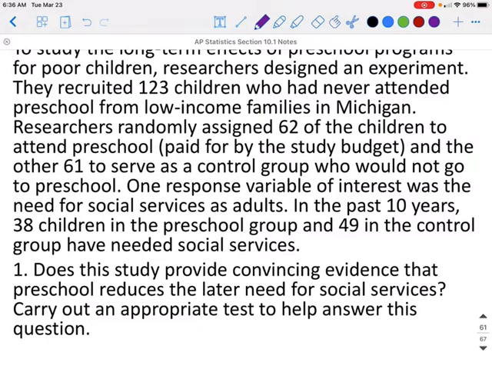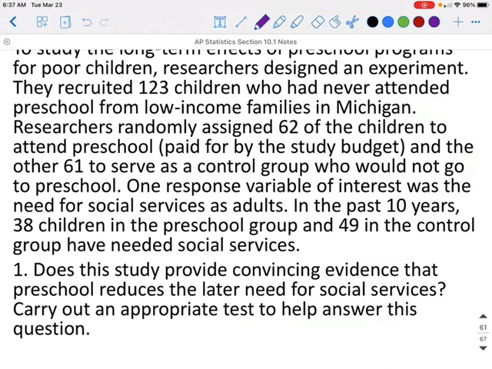One response variable of interest was the need for social services as adults. In the past 10 years, 38 of the children in the preschool group and 49 in the control group have needed social services. Does this study provide convincing evidence that the preschool reduced the later need for social services? Carry out an appropriate test to help answer this question.